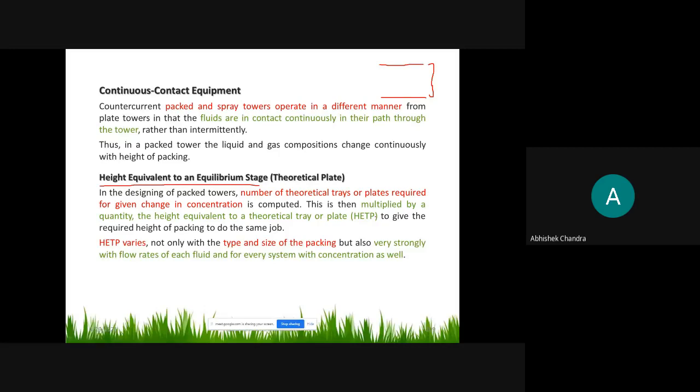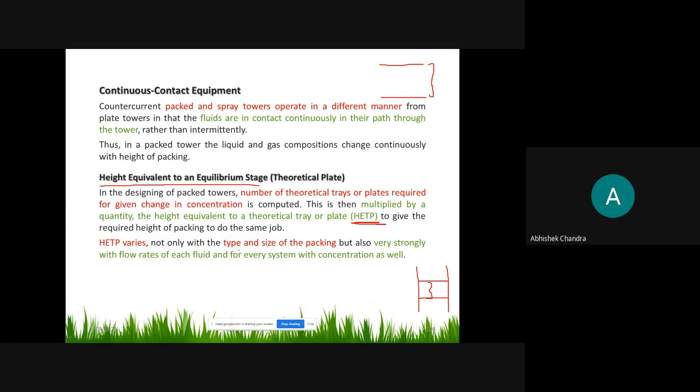So this can be found out by multiplying by this quantity, the height equivalent to a theoretical tray, and this is known as HETP. That is, in the packed tower, this height of the packing is equivalent to one theoretical stage.